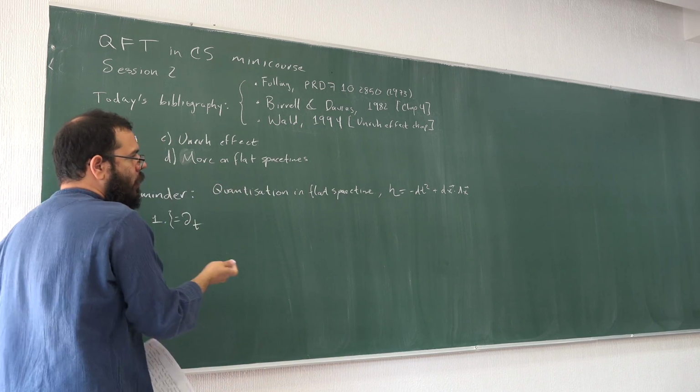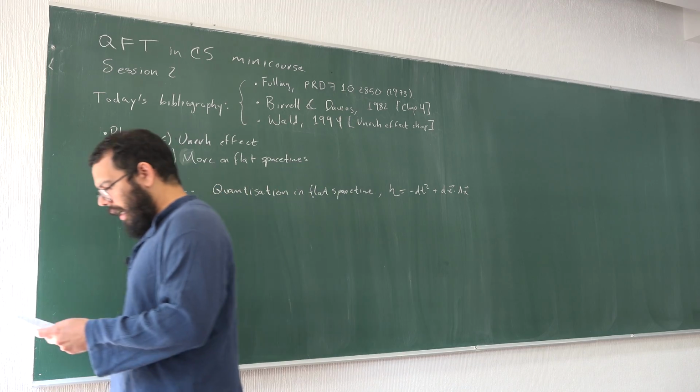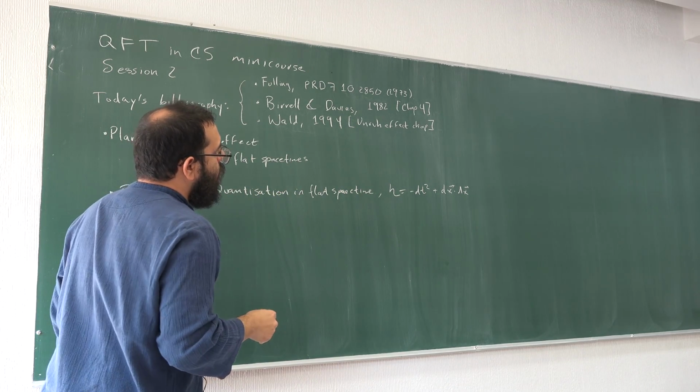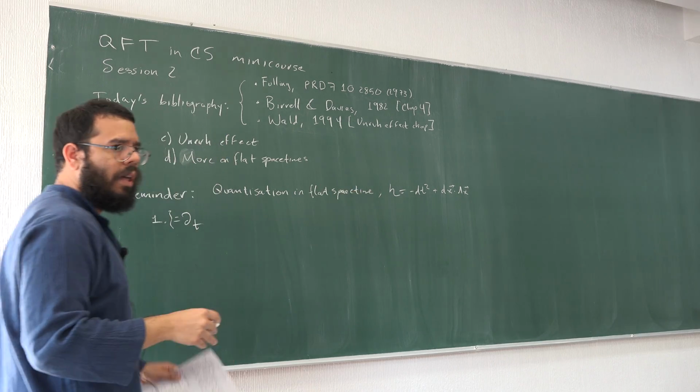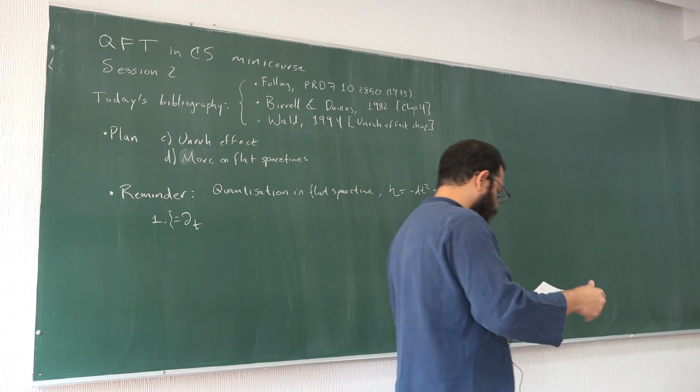This is a Killing vector. You can see that it's time-like, and it satisfies the Killing equation, which is essentially saying that it preserves the metric, the form of the metric. It's an isometry.